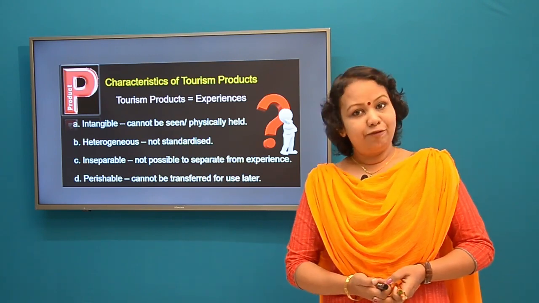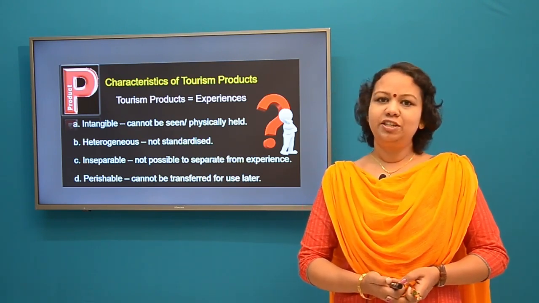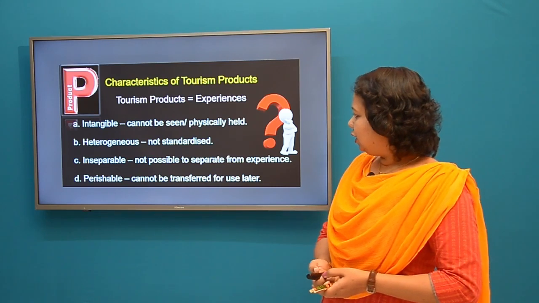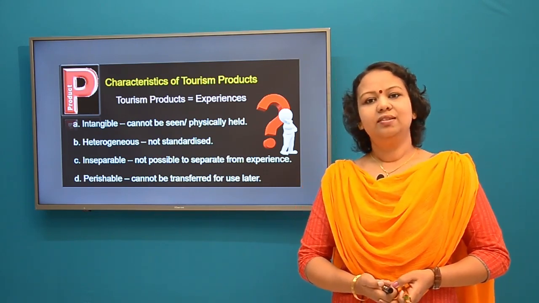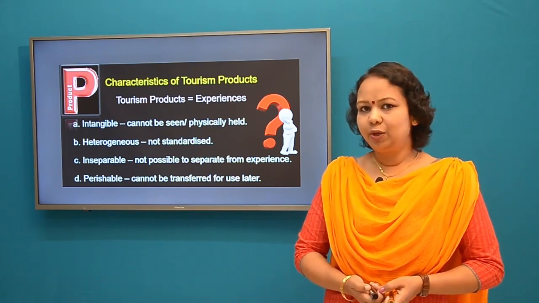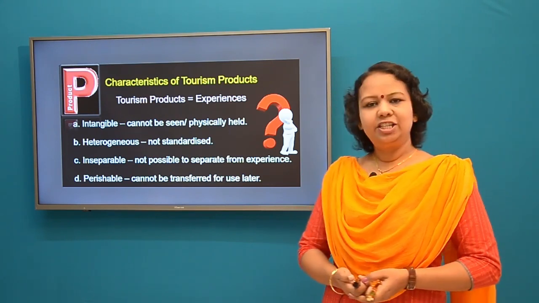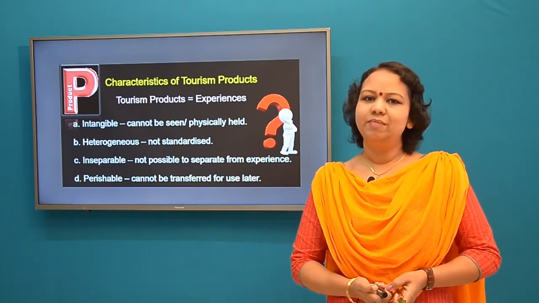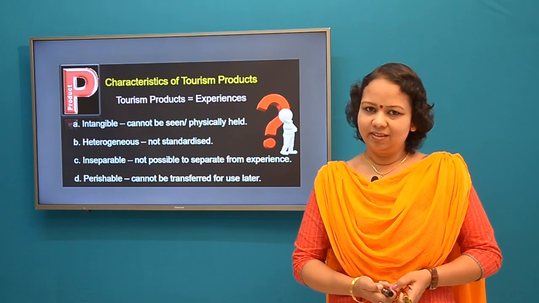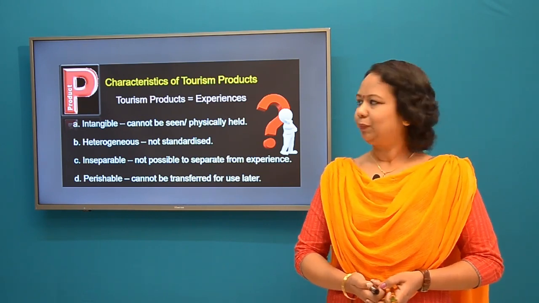There will be different hotels offering different services. You cannot deny the service of the other supporting departments when you are staying in a hotel, and it's perishable. Once your vacation is over, all you get back is the memories, not that experience again.